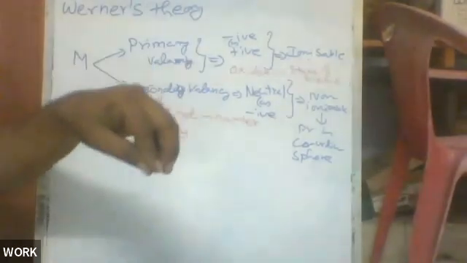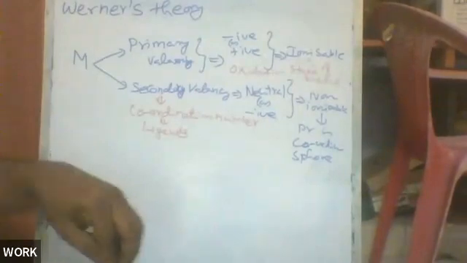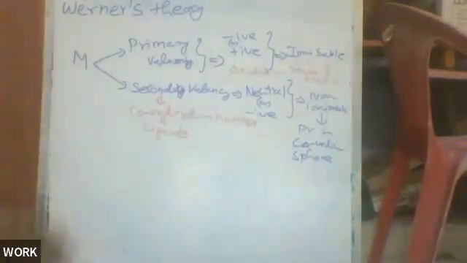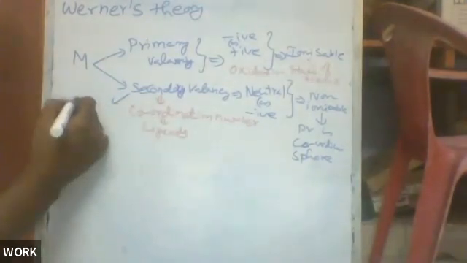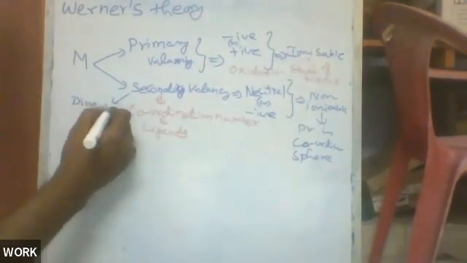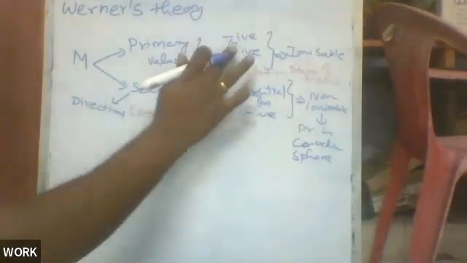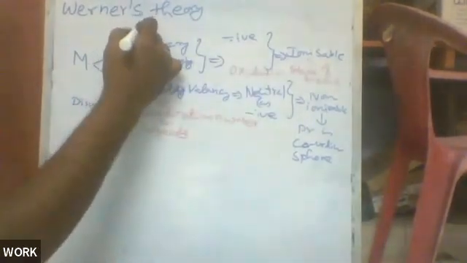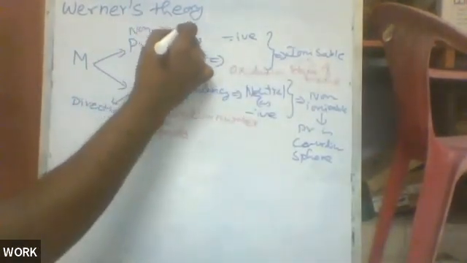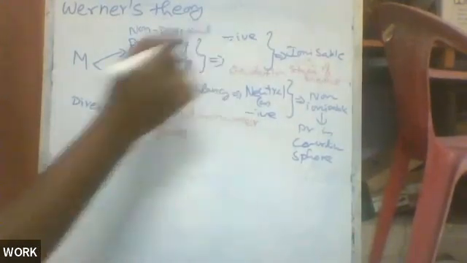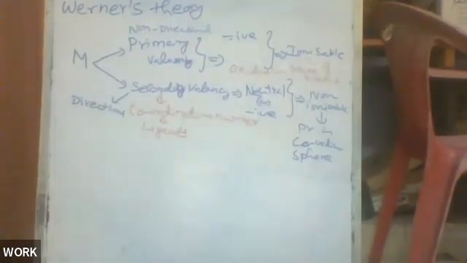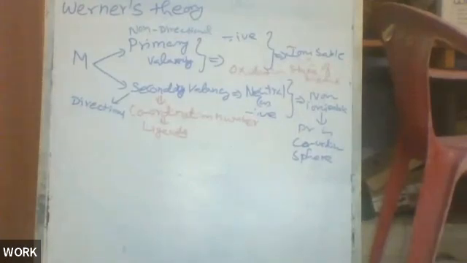When you have the metal atom, how the ligands will be oriented in space. That's why we say secondary valency is always directional.